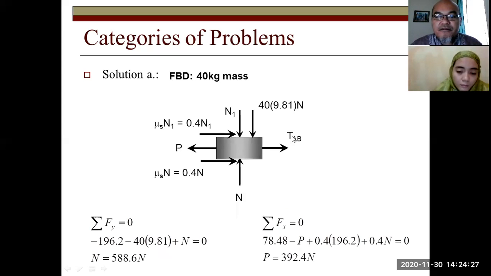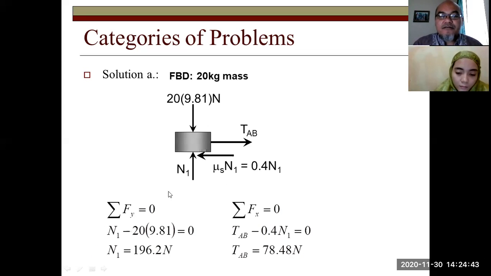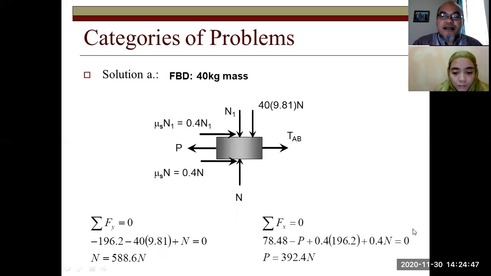So 78.48 Newton. Negative P here, the pulling force, plus the 0.4 times the N1, the friction between mass A and mass B, plus 0.4 times N. This N1 is already known from the previous equation with mass A, and N is also known from sigma Fy, so we just put it there, and then we can obtain P to be 392.4 Newton.